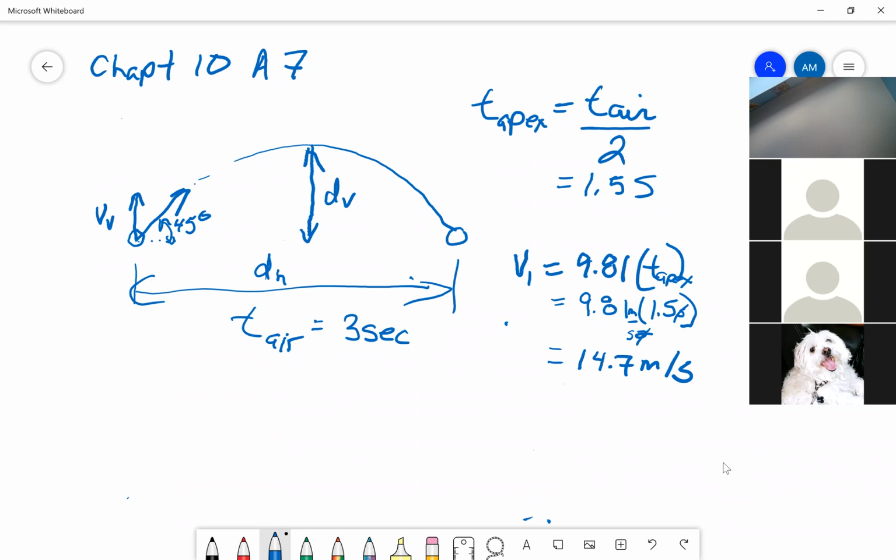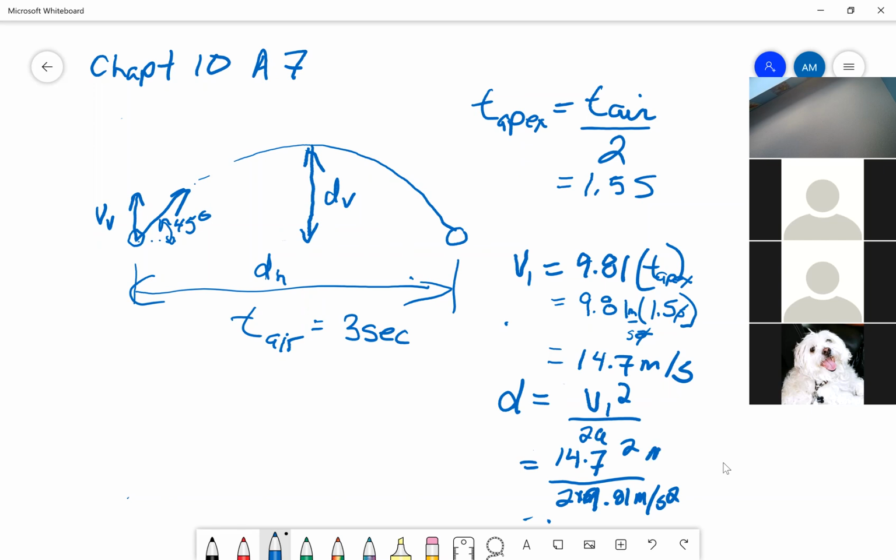We can then put that into 2A, and that's going to be D equals V1 squared over 2A, which is going to equal 14.7 squared over 2 times 9.81 meters per second squared.